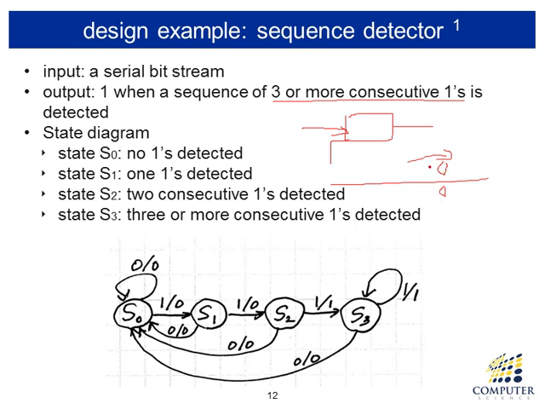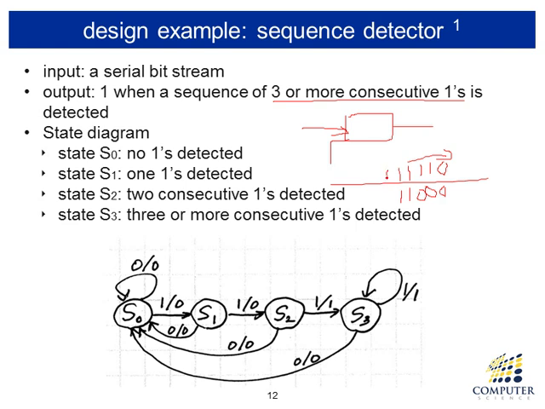And then on the next clock tick, 1 comes into the system, and still we don't have 3 consecutive ones, so output is 0. And then another one comes in, output is still 0. And then another one comes in. Now we have detected 3 consecutive ones, so output becomes 1.